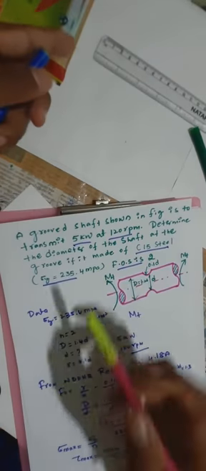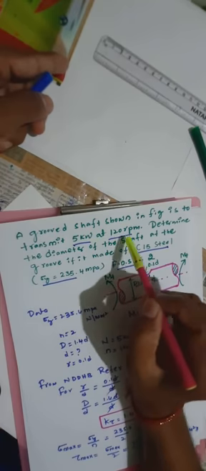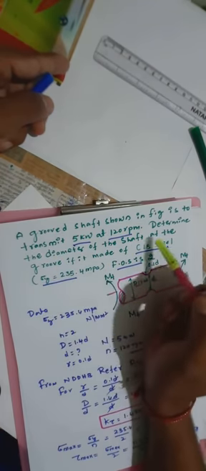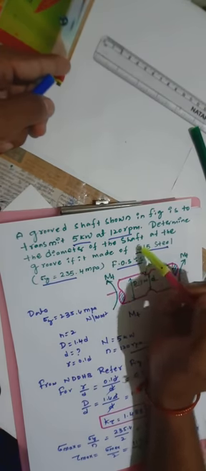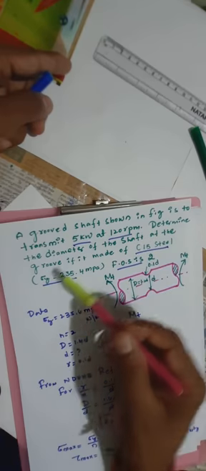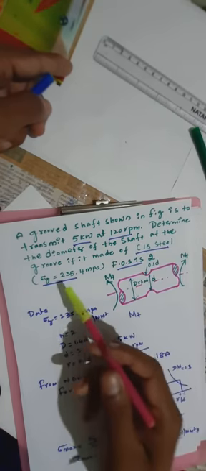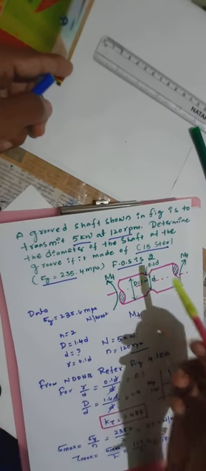You can see here a grooved shaft as shown in the figure. It transmits 5 kilowatt at 120 rpm. Here we need to determine the diameter of the shaft at the groove, which is the small diameter of the shaft. The shaft is made of C15 steel, which has a yield stress of 235.4 MPa, and the factor of safety is 2.